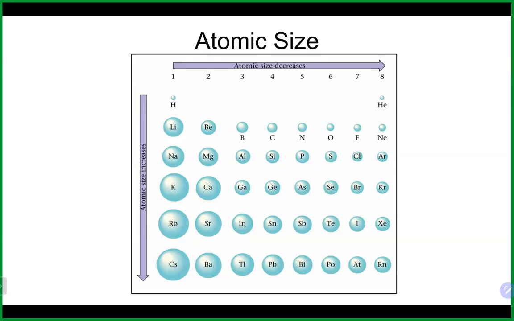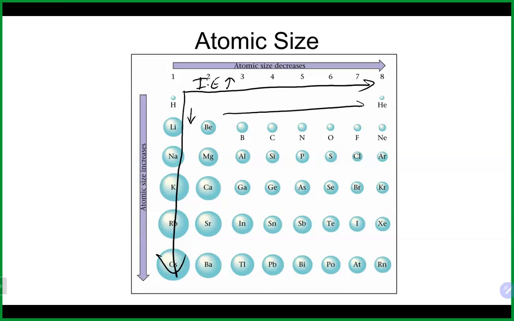So if we summarize this chart here, we have the size gets smaller as you go to the right. We have our ionization energy increasing as you go that way and decreasing as you come this way. We have our electron affinity increasing as you go that way, decreasing as you go that way.